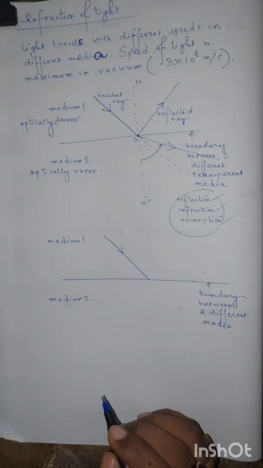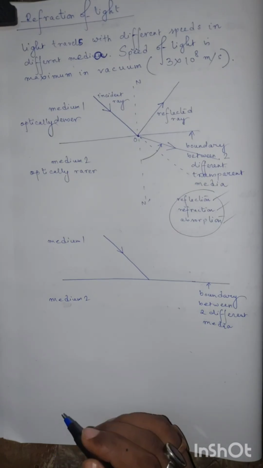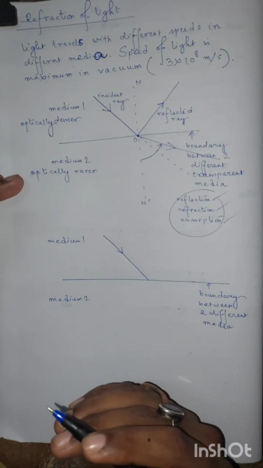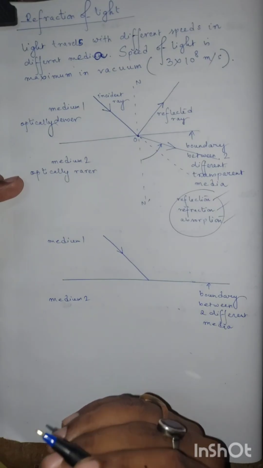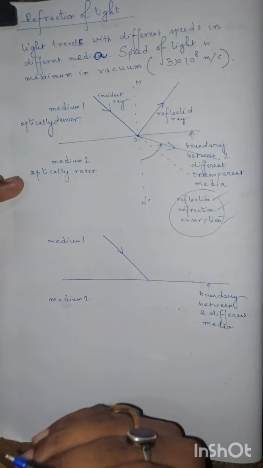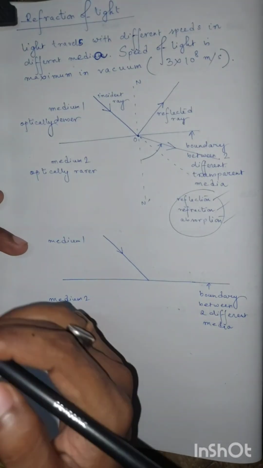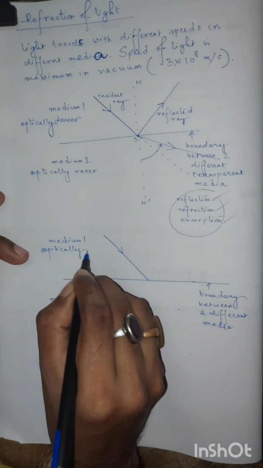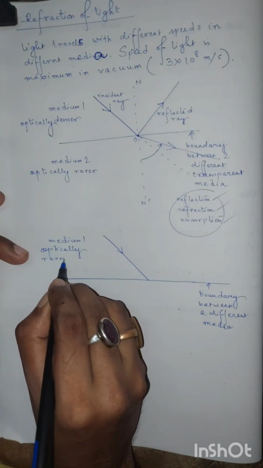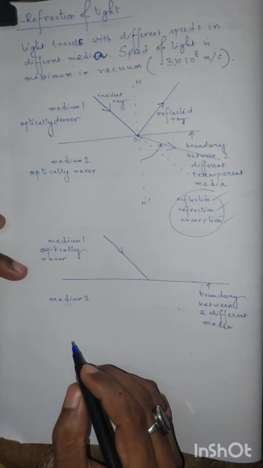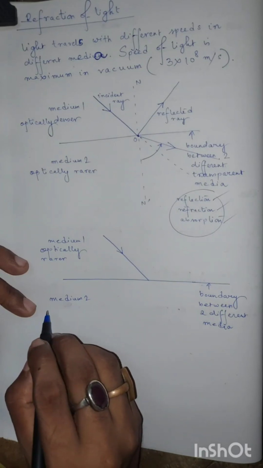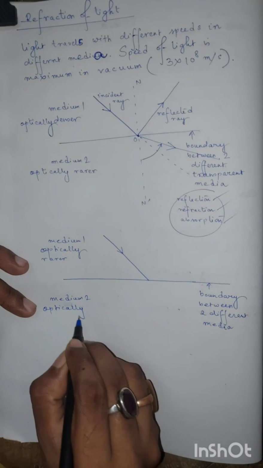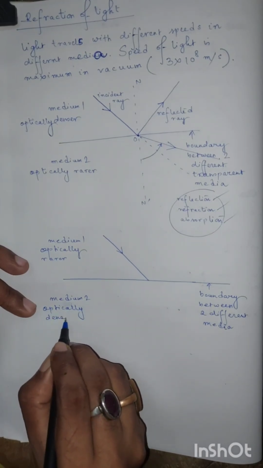In this case, let us consider the opposite case. The light ray is coming from an optically rarer medium, and it is entering into an optically denser medium.